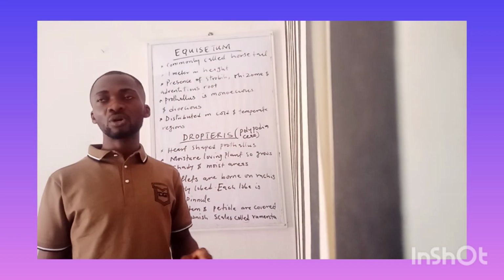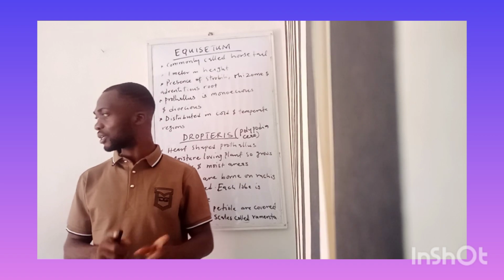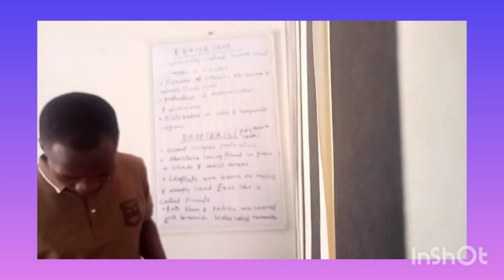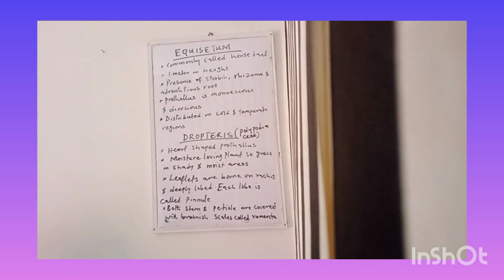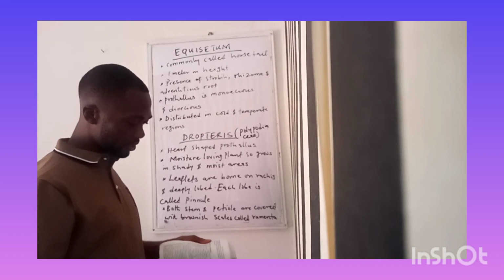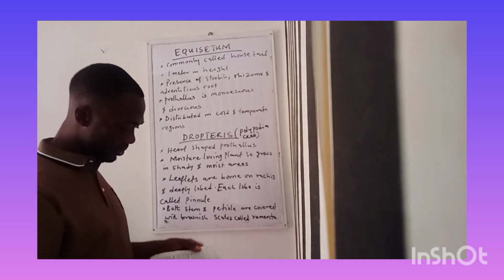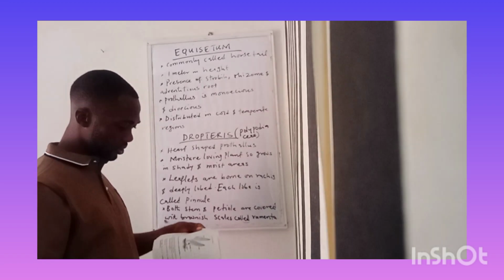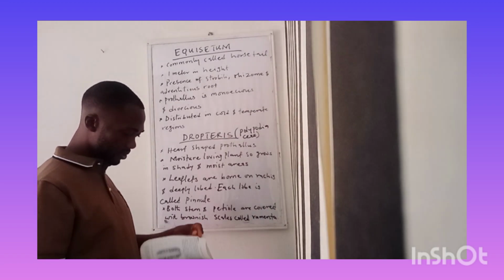And the reason it's called the horsetail is because of the nature of the plant. Let me show you from the text. So because of the nature of the plant, that is why it is called the horsetail.